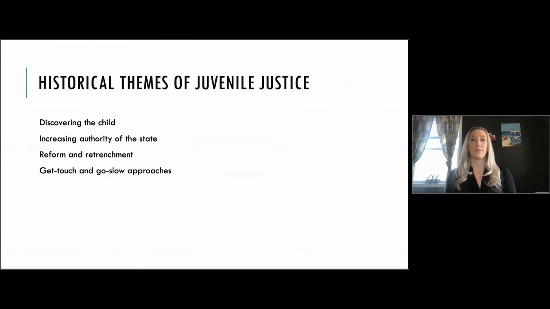We also want to keep status offenders out of the juvenile system. So that was your get tough to go slow approaches. You have the get tough in the 1980s, and then the early 2000s. We say, wait a second, let's back it up. We're doing too much. We need to start looking at what's actually going to help these youth.